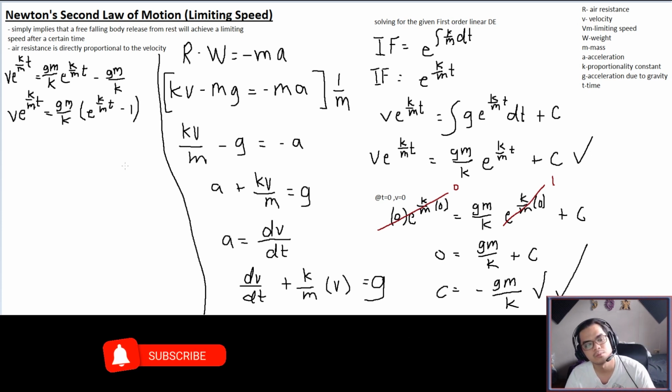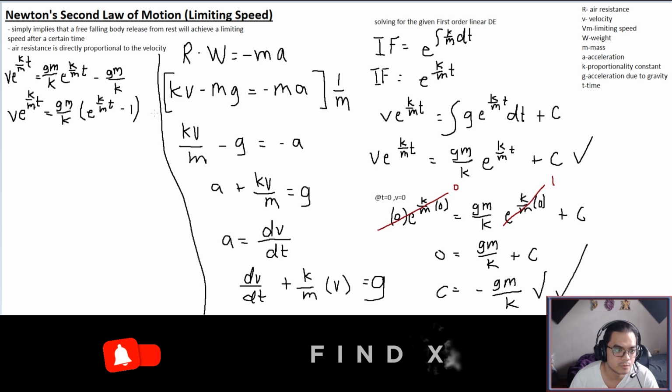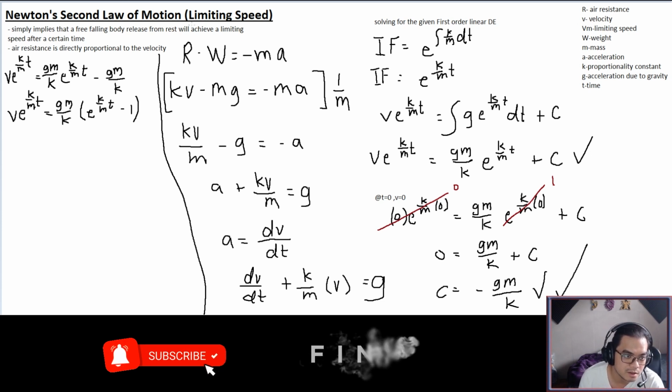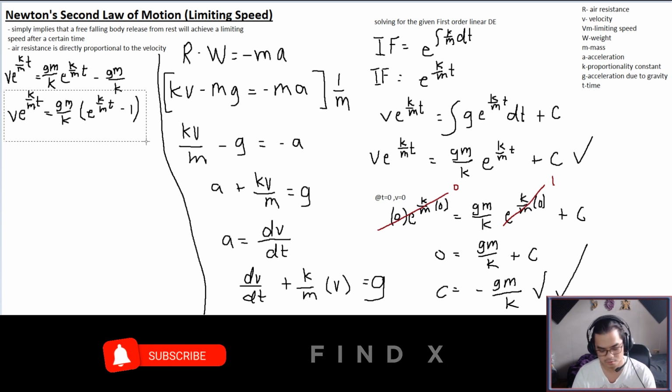There you go. So I think it's better if we multiply or divide everything by e raised to k over mt first. Okay, so let's do that before factoring out.